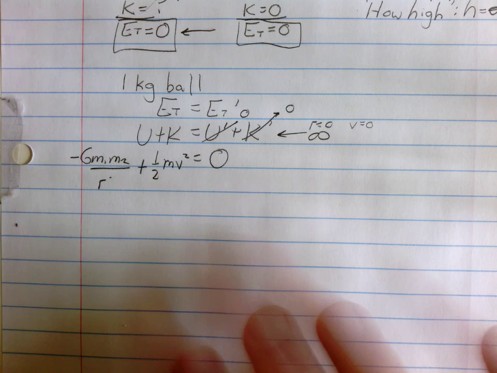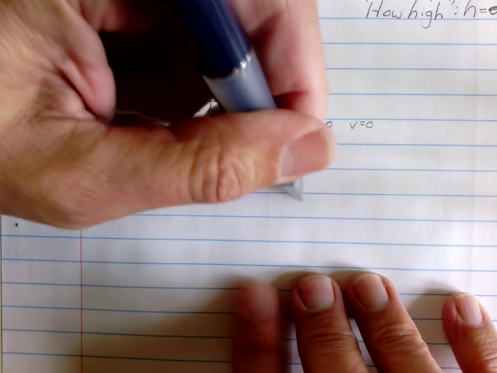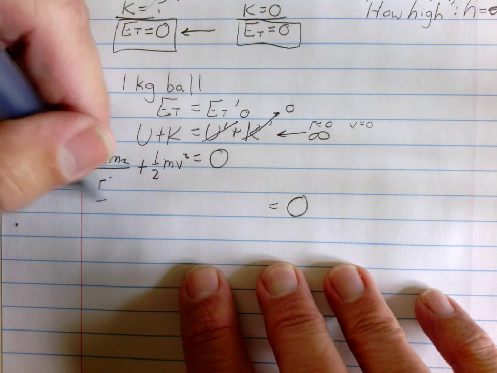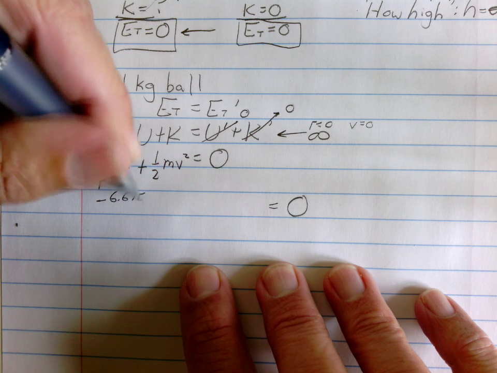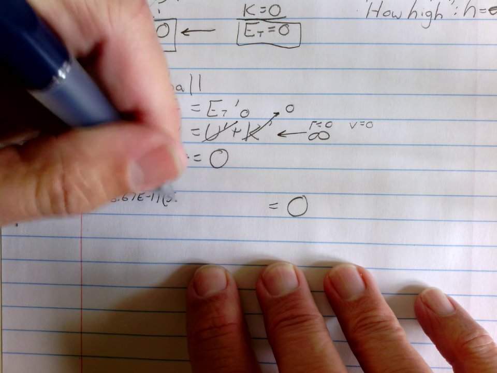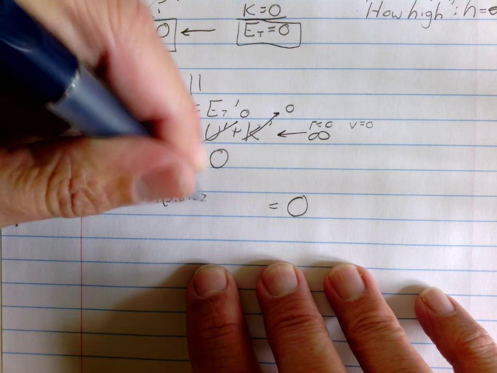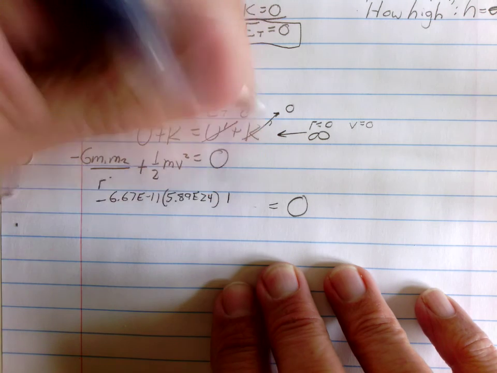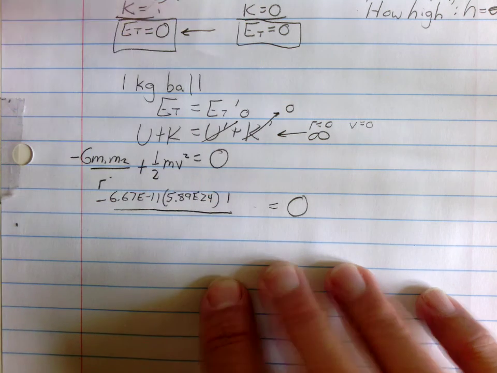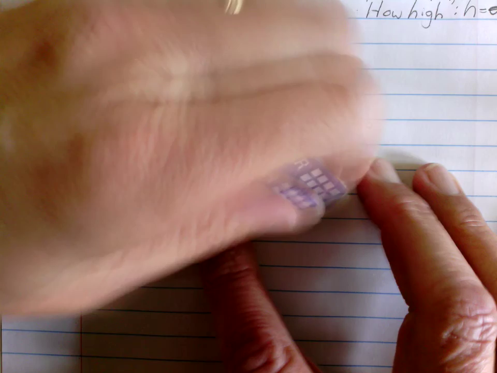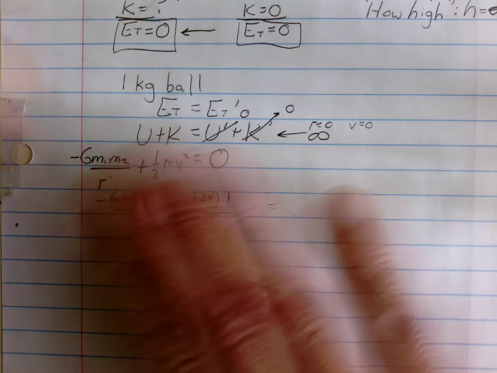Okay, so let's do it here for the Earth. Let's give ourselves a little more room. 0 equals negative 6.67 e minus 11 times the mass of the Earth. I'm going to use 5.98 e24, times the mass of the object, 1 kilogram, divided by the radius of the Earth.